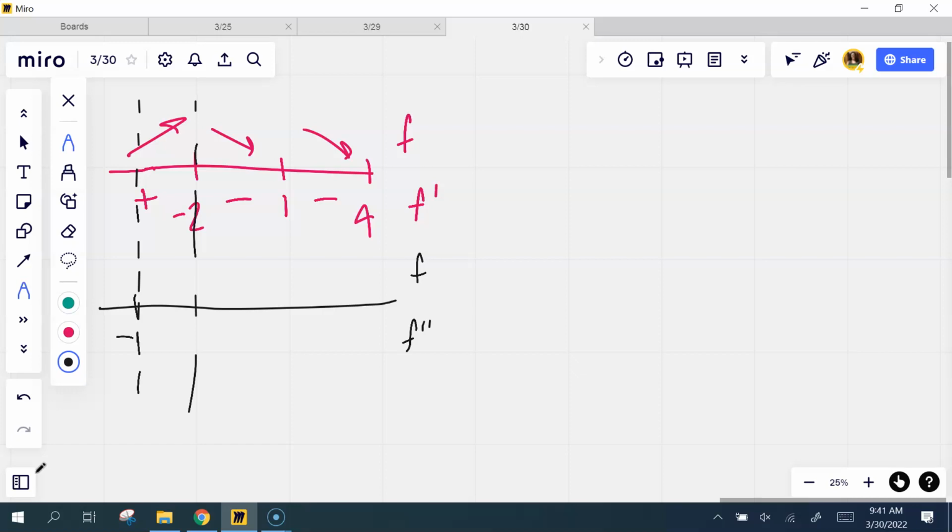All right, -1, 1, and I've got to have 3 on there.